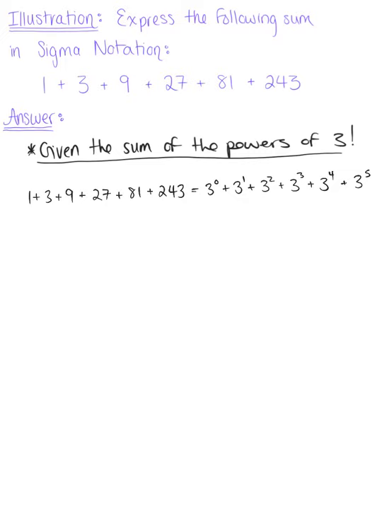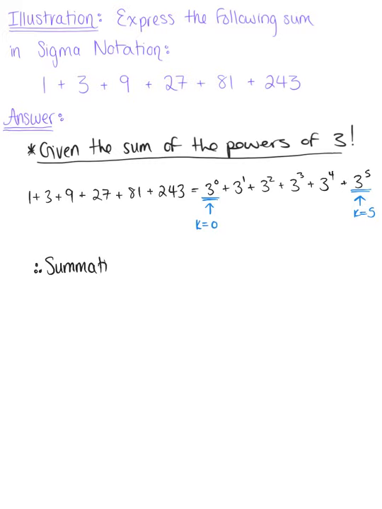So we can see that we have the sum of the powers of 3, specifically, looking at our first term, starting at k is 0 and ending at k is equal to 5. So we can now go ahead and rewrite this in its summation notation.